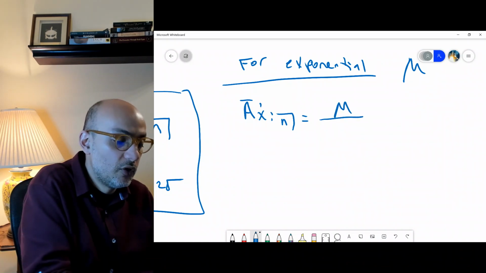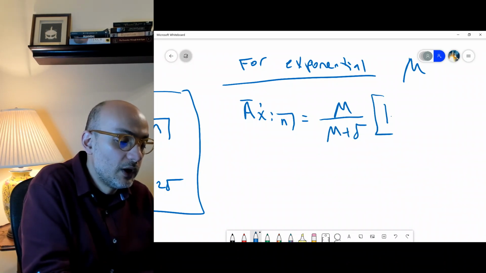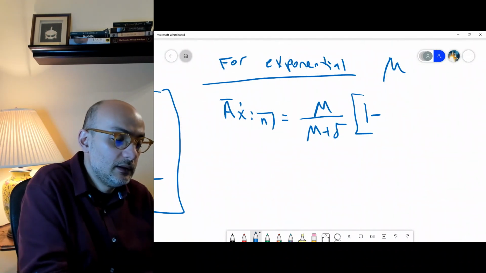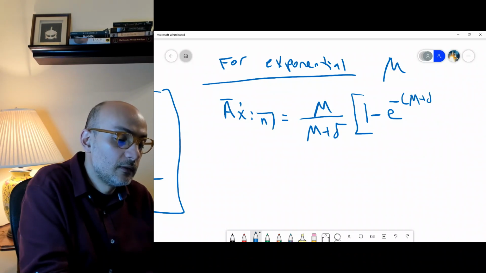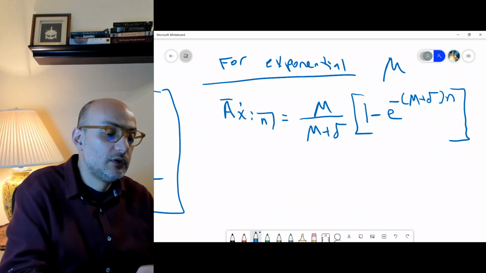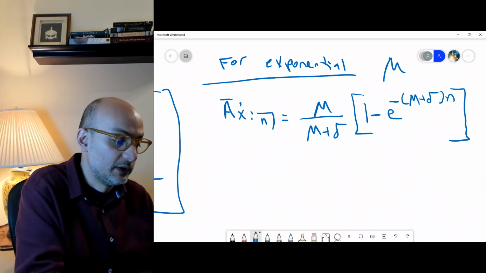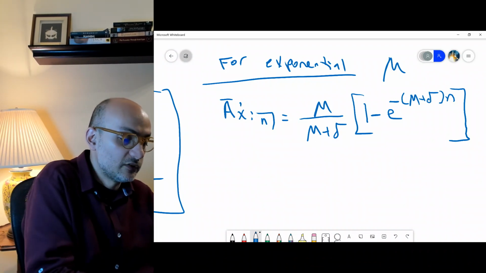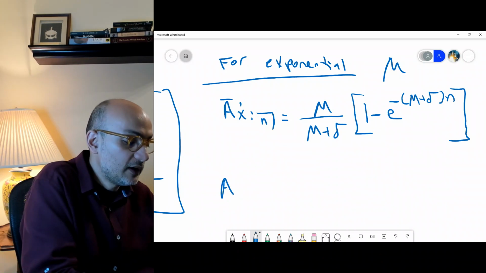It will come μ over μ plus delta, multiplied by 1 minus e raised to minus μ plus delta multiplied by n. Later on you will know the logic why we get this one, but it's very important to memorize this one. If you want the second moment, it's simple.